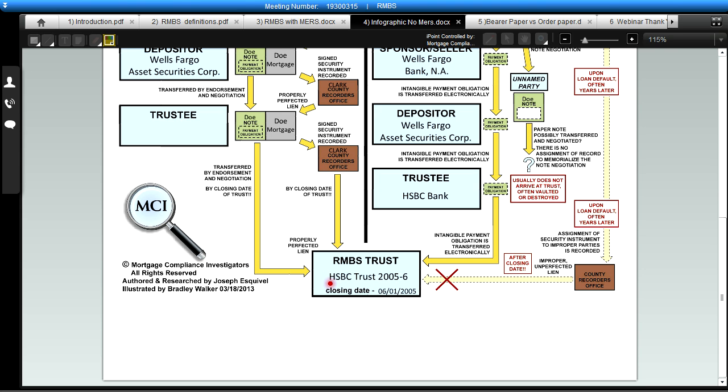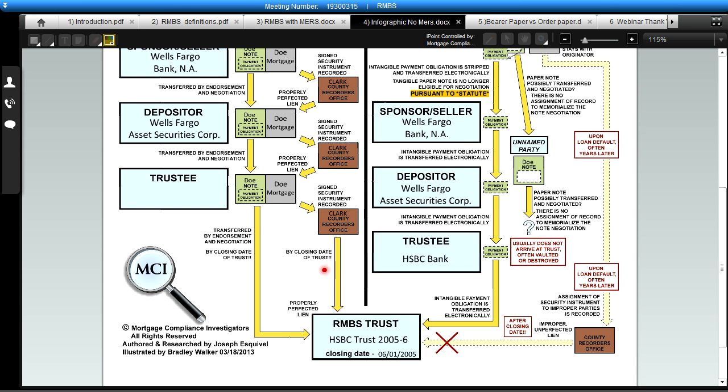At the same time that depositor makes the sale, he then files an assignment of record at the county recorder's office. It's filed, indexed, and recorded. It's then sent back. Now, the time frame for doing all of this would have normally taken a couple of months.